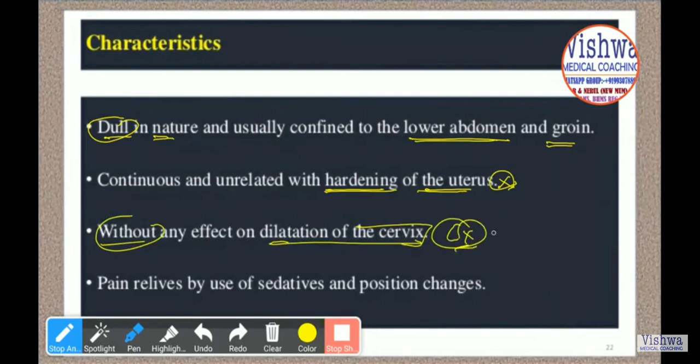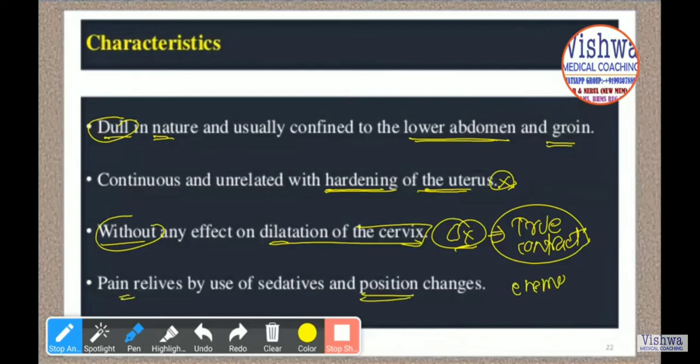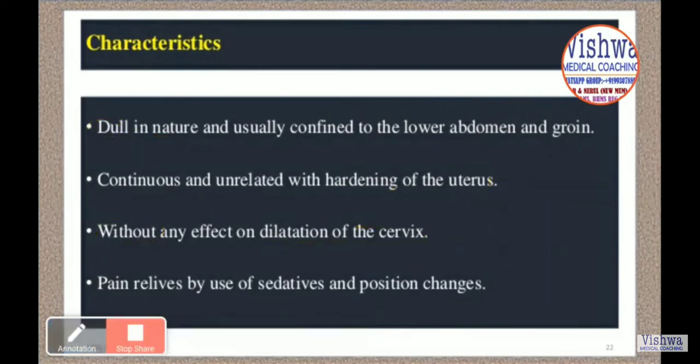Remember, the cervix dilates only because of true contractions. They may be relieved by a positional change or sometimes an enema. The patient is given an enema and that may also subside the contractions, in case of false labor.